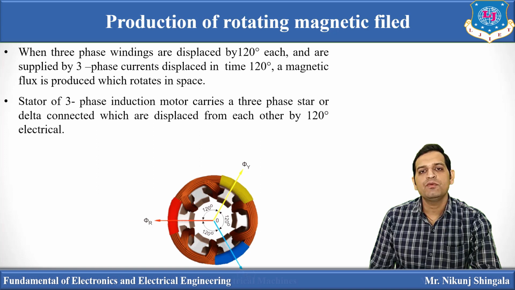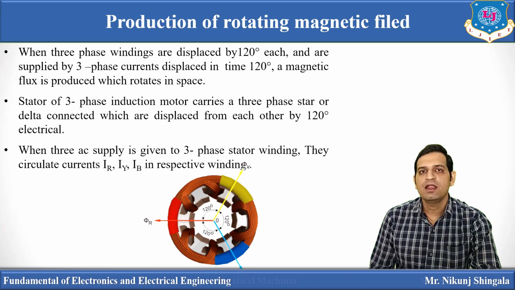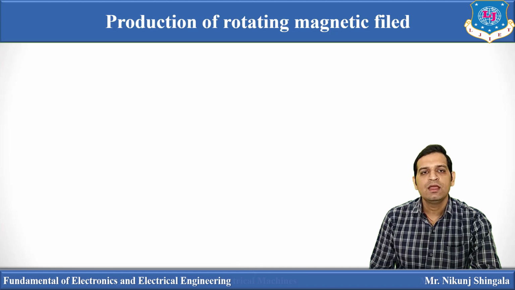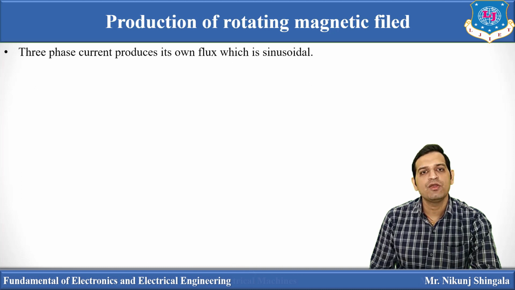The stator of a three-phase induction motor carries a three-phase star or delta connected winding displaced by 120-degree electrical angle, and when the AC supply is given to the three-phase winding, three circulating currents IR, IY and IB start flowing in the R, Y and B phases of the winding, and these currents produce their own flux which is sinusoidal, because the three-phase supply is sinusoidal, the current produced is sinusoidal, so the flux produced will be sinusoidal.